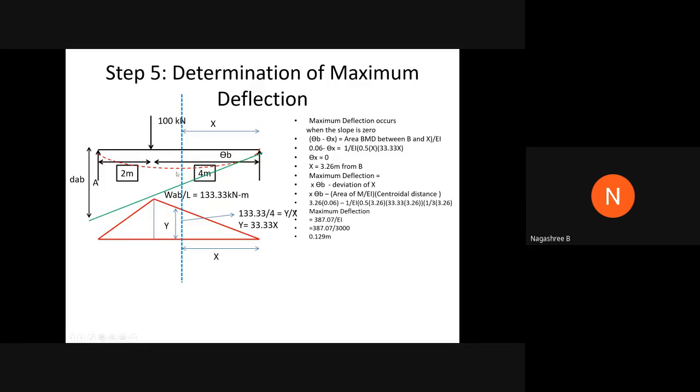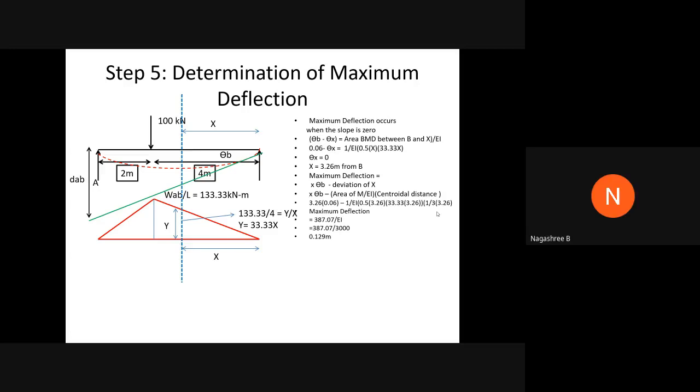Therefore we must calculate the centroidal distance from this section itself, so I have taken it as one third. Any confusions? No, ma'am. Is it clear, all of you? Yes, ma'am.